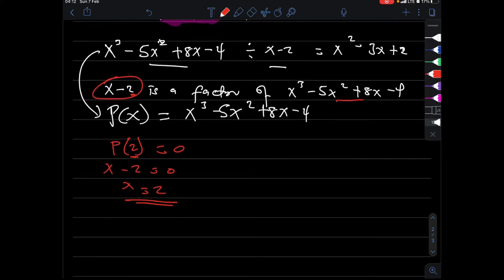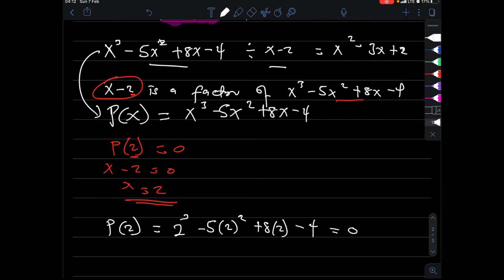So if I have p of 2, then I'll have 2 raised to the power 3 minus 5 times 2 squared plus 8 times 2 minus 4, and definitely this gives 0. You can verify that. So that is what factors are about.